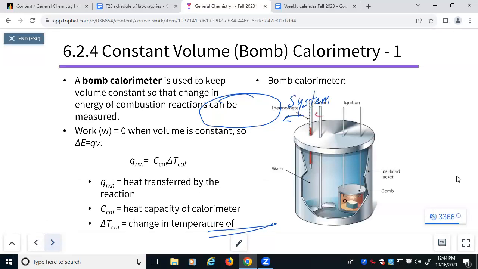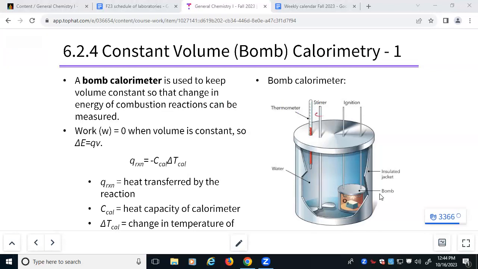All right, so the first application that we're going to talk about is something called a constant volume calorimeter, otherwise known as a bomb calorimeter. Now, why is it called a bomb calorimeter? Well, if you understand what a bomb is, usually a chemical reaction encased in some kind of vessel that has a fixed volume.